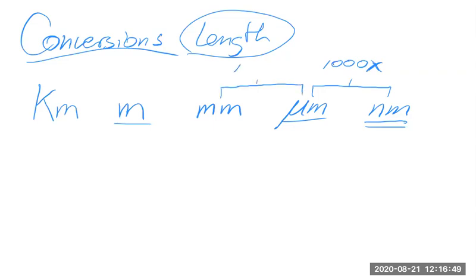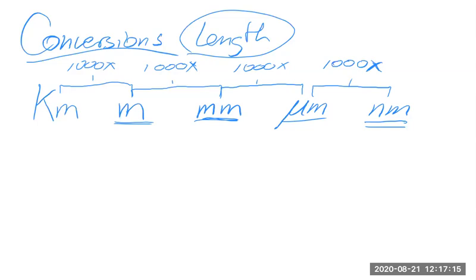And what I mean there is that you need 1,000 micrometers to get 1 millimeter. The difference between a millimeter and a meter is also 1,000-fold difference. You need 1,000 millimeters to get 1 meter. And finally, the trend continues to the kilometer. You need 1,000 meters to get 1 kilometer.